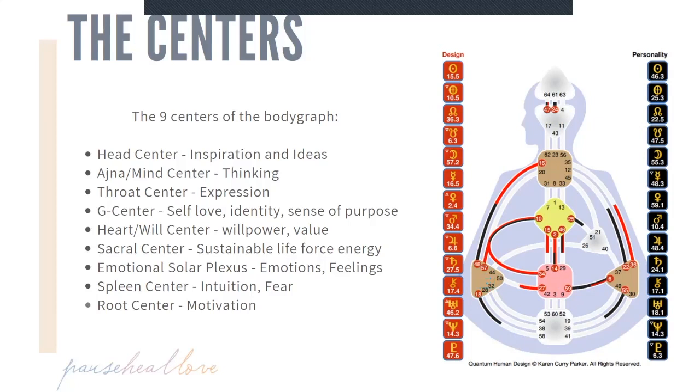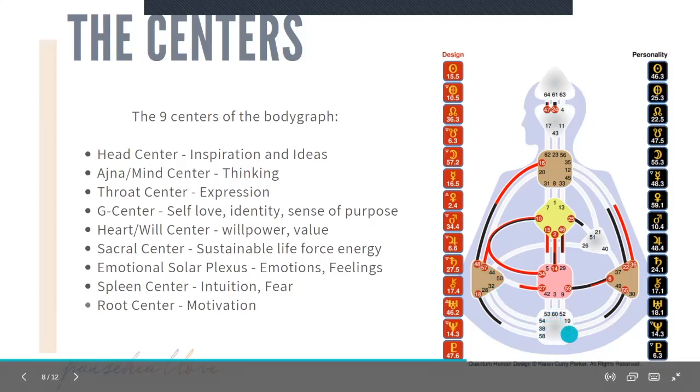This center is known for our survival, our intuition, fear, time, and it also houses our immune system. And then we move to the very bottom, and this is our root center. The root center is where we hold our adrenaline, our adrenal energy. It is also where we hold our motivation and our drive.